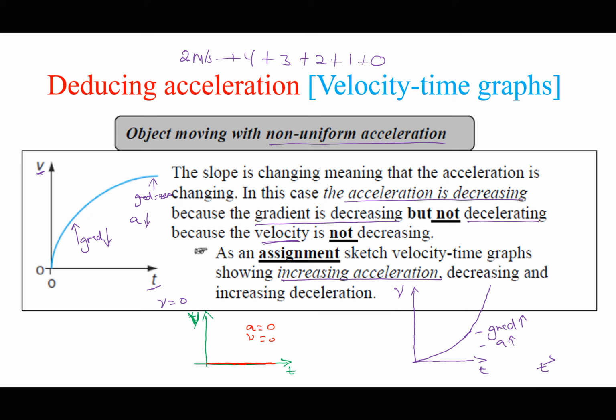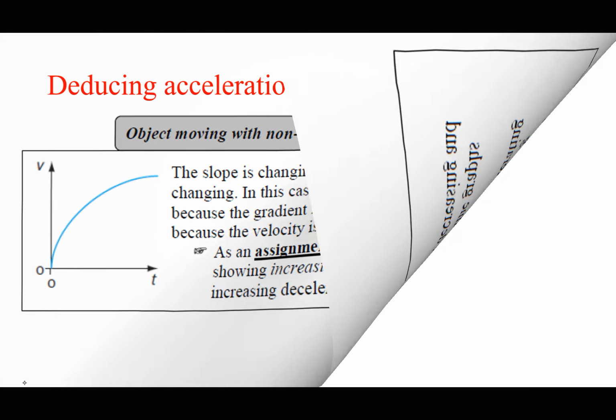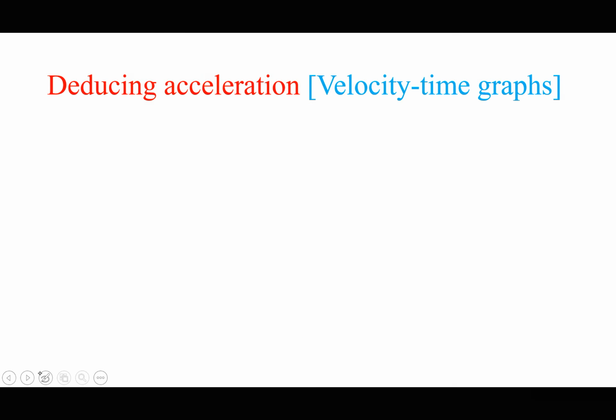This is for a stationary object, or an object which is at rest. It has no velocity, so it looks like that. It should be horizontal. So how do we deduce acceleration from a graph?